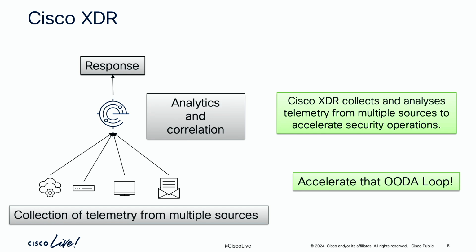It is about accelerating that OODA loop, allowing a security analyst to make an observation, orient themselves, make a decision, and take an action faster than they would have done without said tool. Our official objective, as we built the product out, is to make every tier 1 as effective as a tier 2.